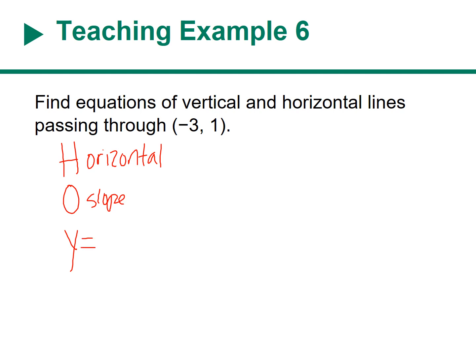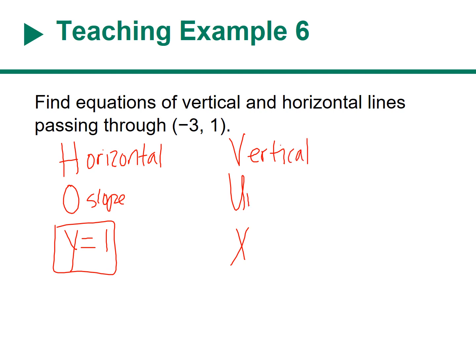So the horizontal line for this point is what? y equals 1. VUX is vertical, and it's undefined slope, and it's whatever the x equals for that point. What does x equal? Negative 3.